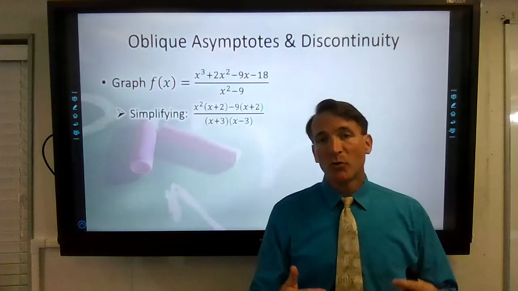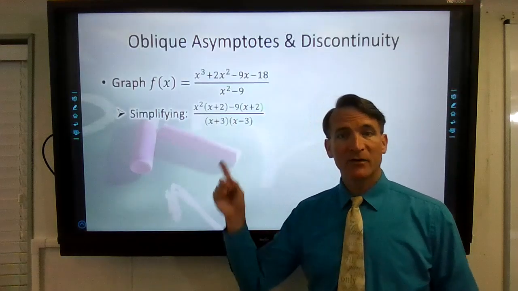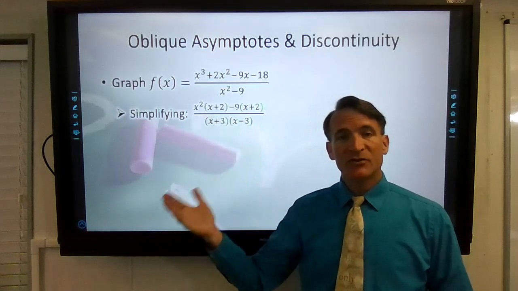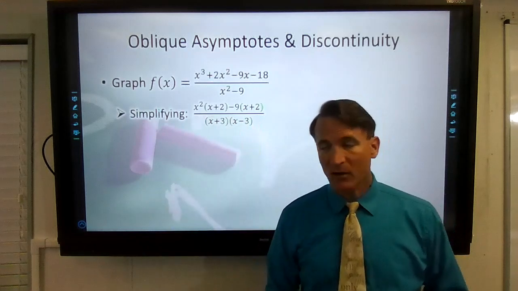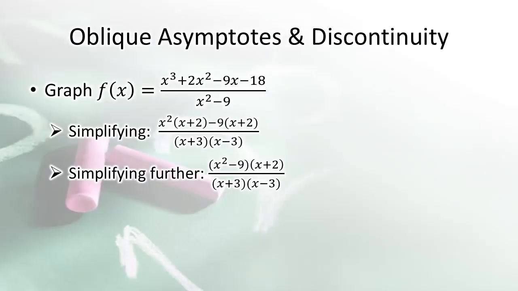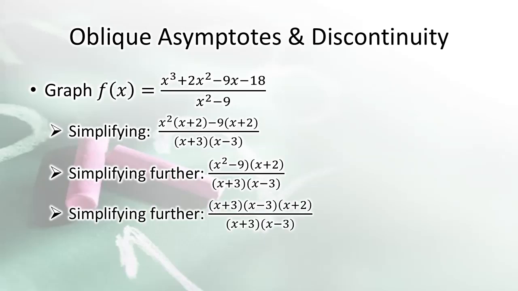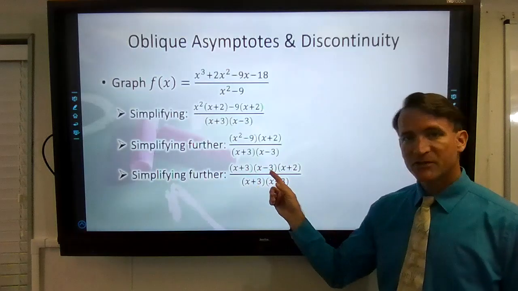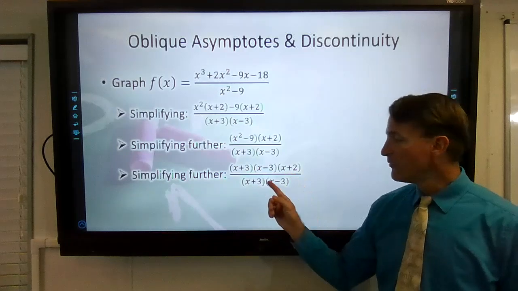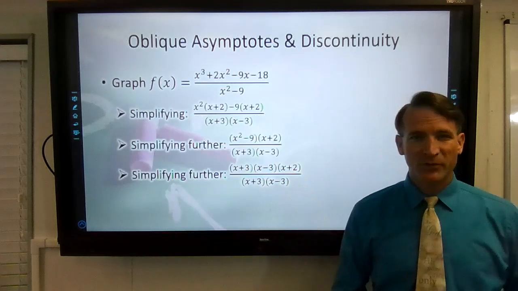Now, back to the numerator, I have a common factor of this x plus 2 piece, so I can factor that completely out, and that's going to give me x squared minus 9 over x plus 2. Well, that x squared minus 9 is an x plus 3, x minus 3. So my complete factorization of my original problem is x plus 3, x minus 3, x plus 2 over x plus 3, x minus 3.